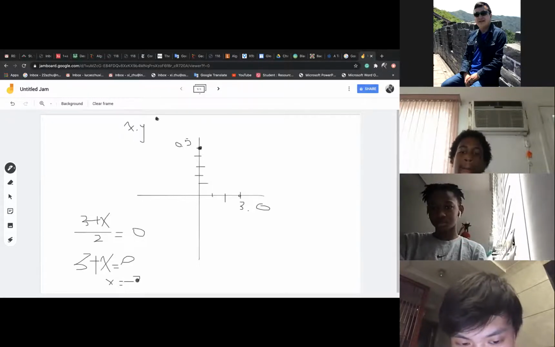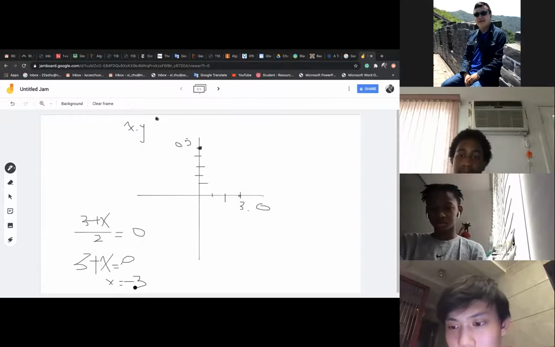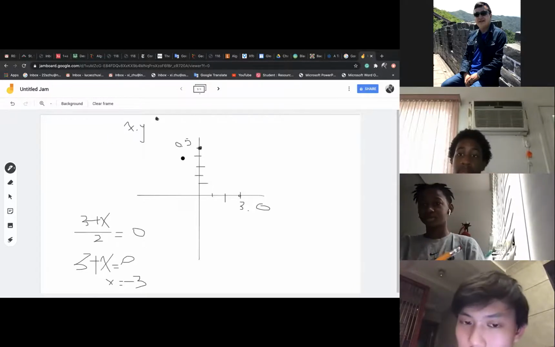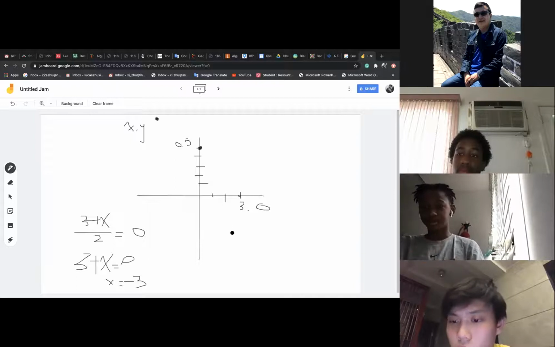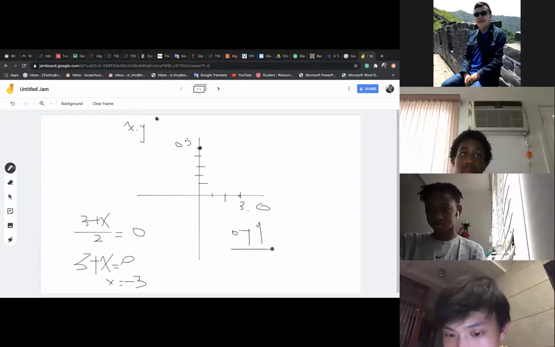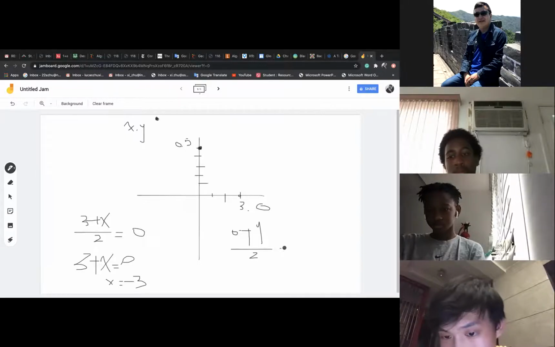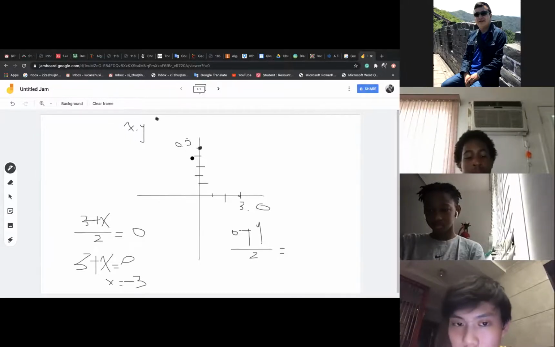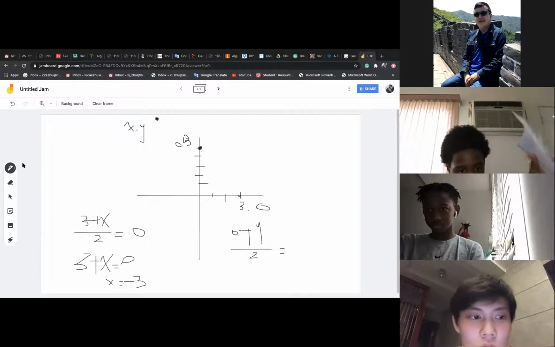See how that works? And then you do the same thing with y, right? The y value: (0 + y) divided by 2 equals the midpoint y value right here.